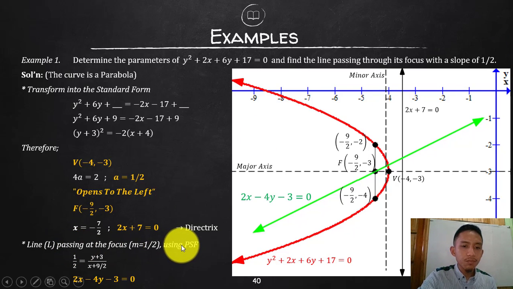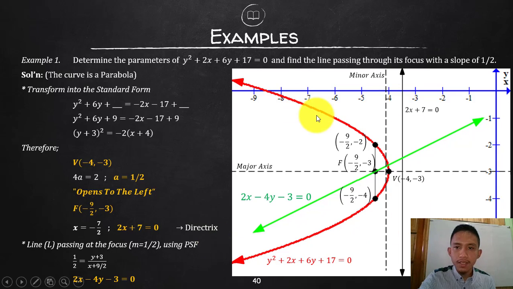So using point slope form, since you already have your focus, and your slope is 1 half, 1 half equals y minus negative 3, so that will be plus 3, all over x minus negative 9 halves, so plus 9 halves or 4.5. Rearranging this one, actually this is algebra already, guys, you will end up with the equation 2x minus 4y minus 3 equals 0.